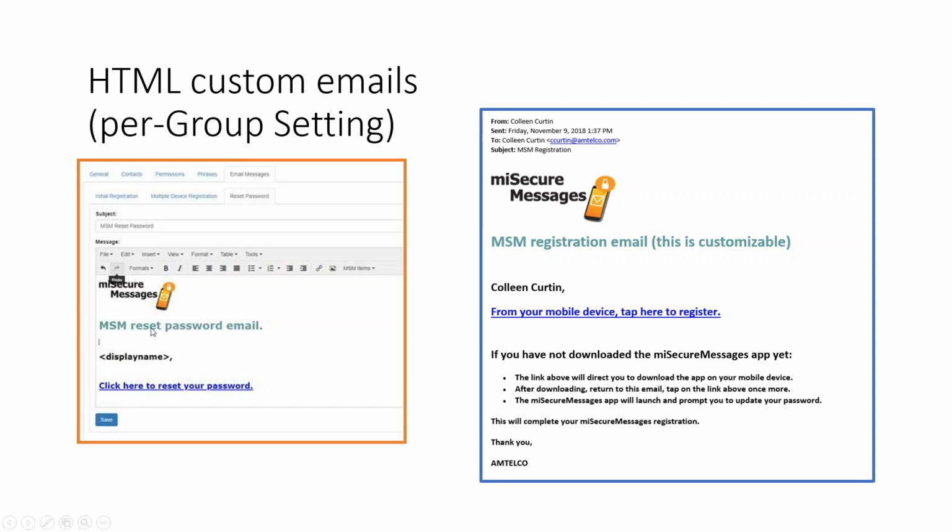As you've probably noticed, this email registration settings area that we've, in theory, set up by now can be leveraged for resetting passwords, as well as registering secondary devices. So if somebody gets a new phone or an additional smart device or something, you can have different templates that are used on a per group basis for each of those different scenarios.